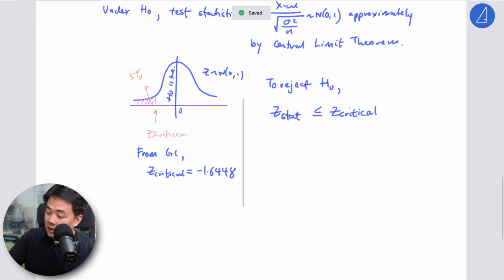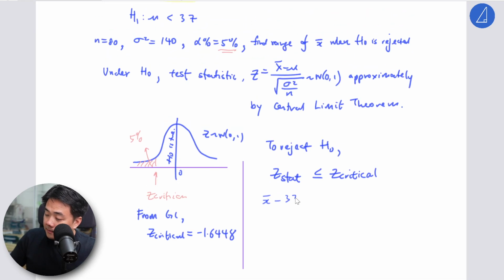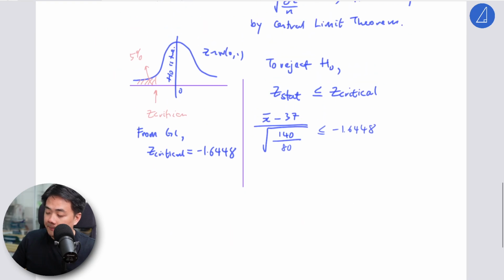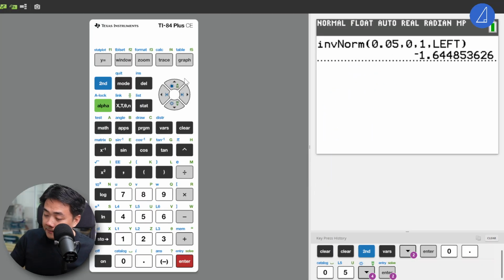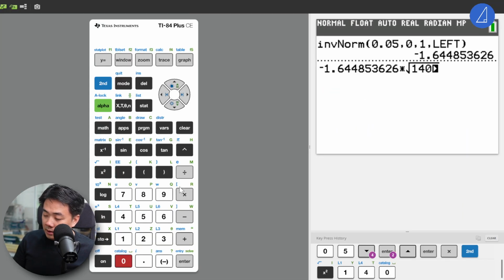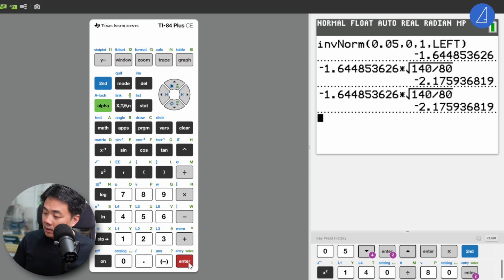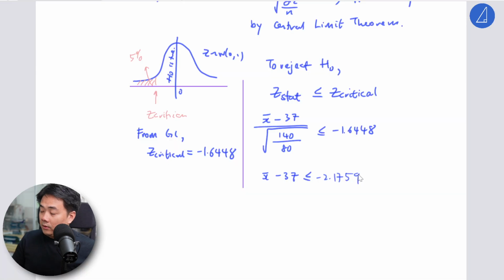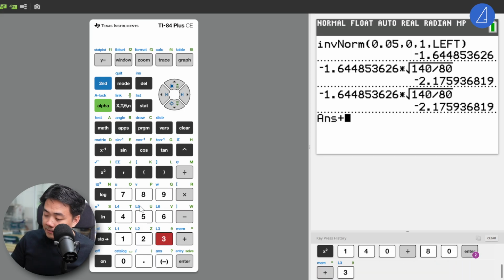So this will be x bar minus 37 over the square root of 140 over 80. Then this will be at most negative 1.6448. Then multiply to the other side, taking this, multiply by the square root of 140 divided by 80. Okay, you get this. Then you just add 37.